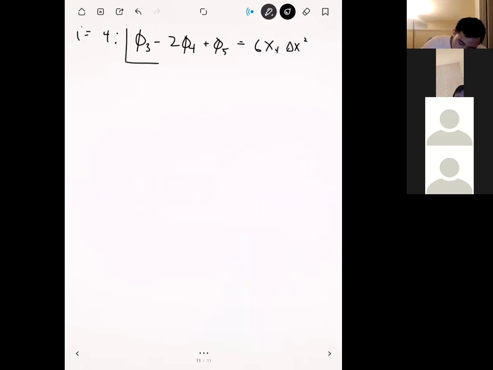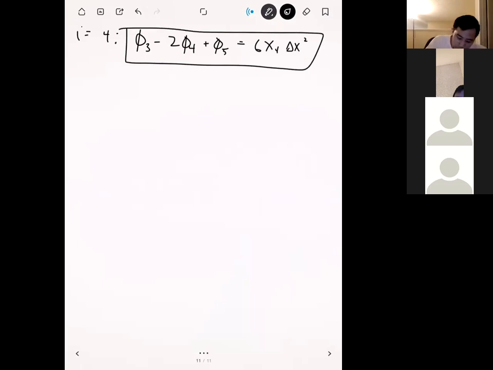And so let's set i equal to 4. I'm just going to skip to the result here. It gives us phi 3 minus 2 phi 4, sorry, jumped the gun there, plus phi 5 equal to 6x4 delta x squared, right?